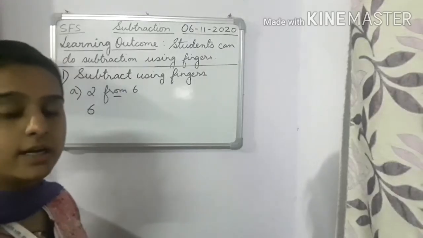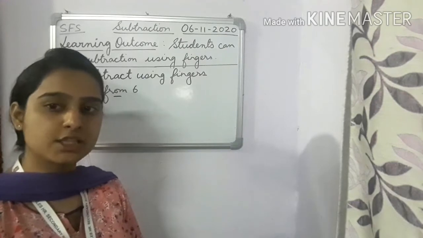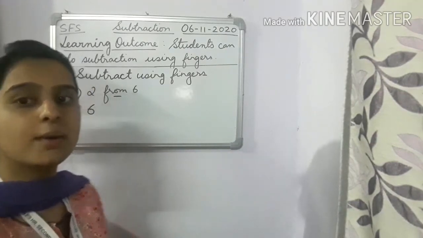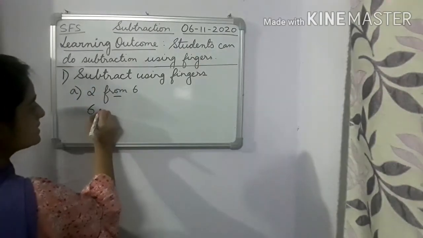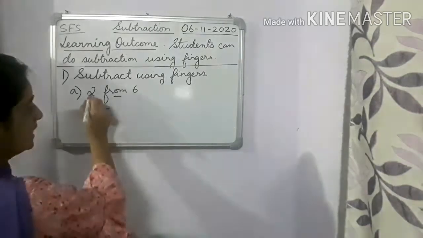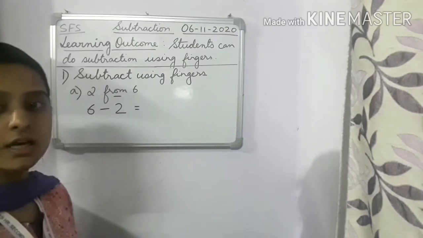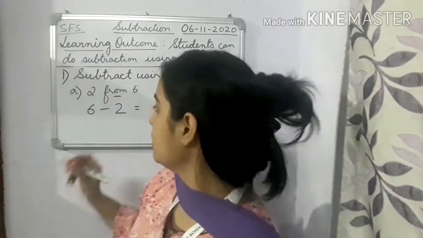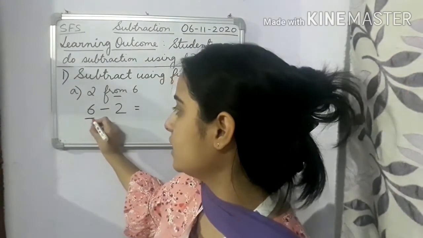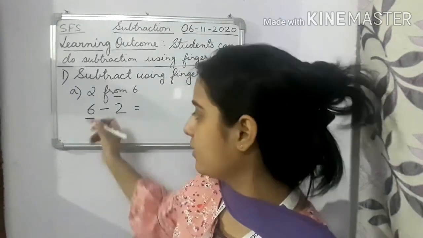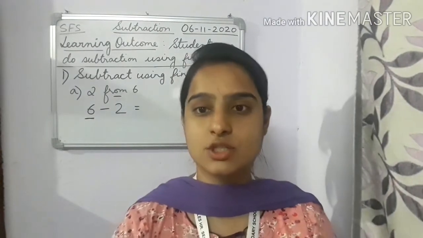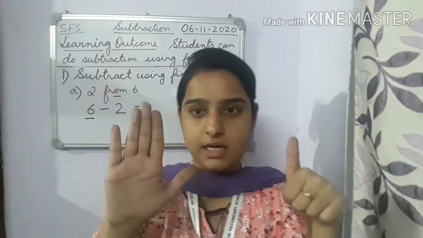Then already I explained, for subtraction which sign we use? Minus sign. So minus sign will come here. Then 2. Now children, we have to do this subtraction using fingers. Okay. So what is the total number? That is 6. Right. So 6 children, we will open 6 fingers.